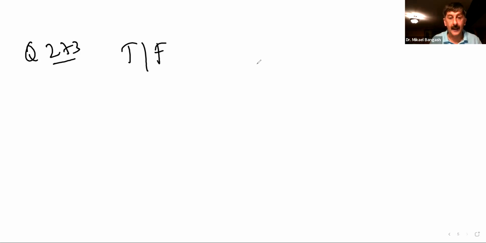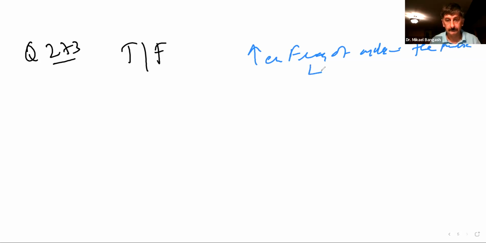That says greater frequency of cycles in the pulse. This does not mean more ringing.